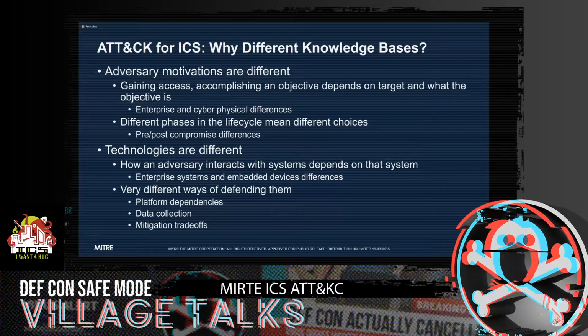Well, in general, adversary motivations may be different, and they may be tightly coupled to the technology domain that they are targeting. Gaining access, accomplishing your objective, all depends on the target and what you're actually going for. So there's going to be some differences between enterprise systems and cyber physical systems. There's also different phases in the life cycle, which mean there's different choices.